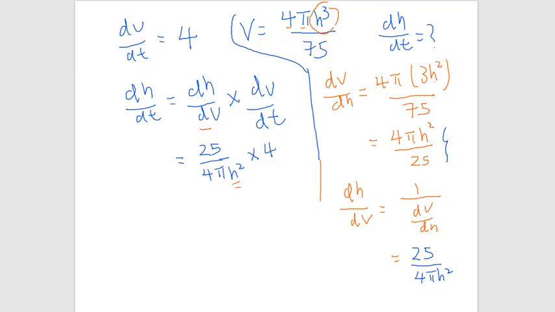So you look at 4 pi h cubed over 75 equal to 180 pi.